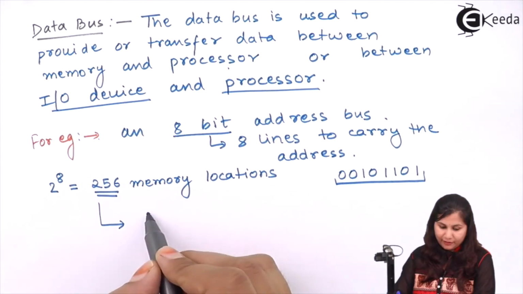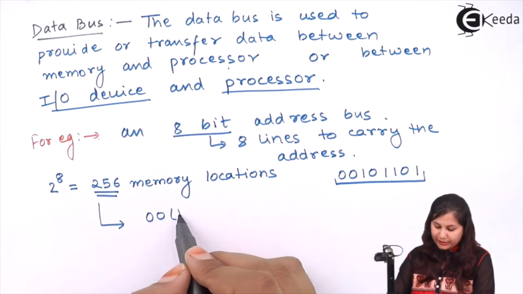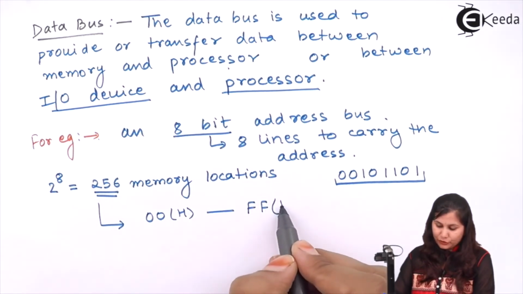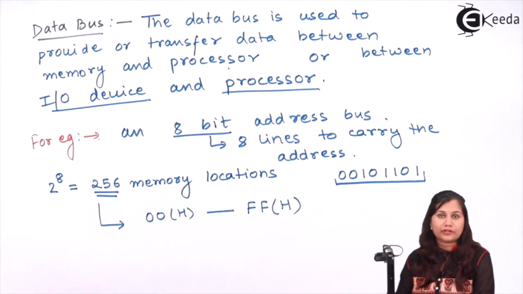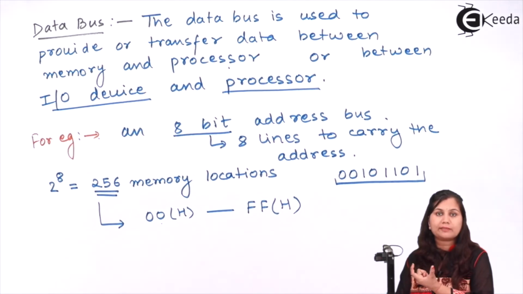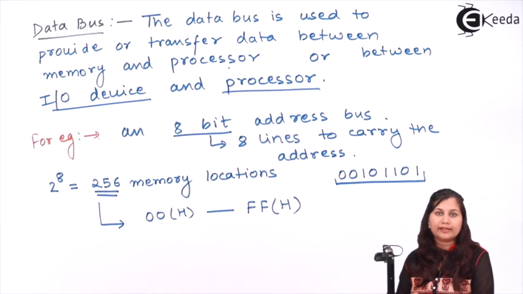In hexadecimal, they run from 00 to FF. So these 256 memory locations, from 00 to FF, can be addressed using this 8-bit address bus.